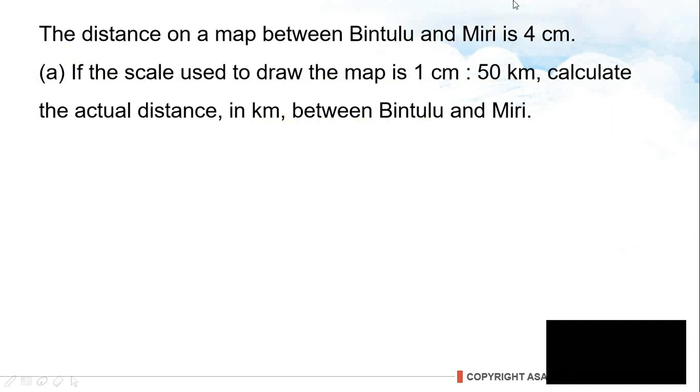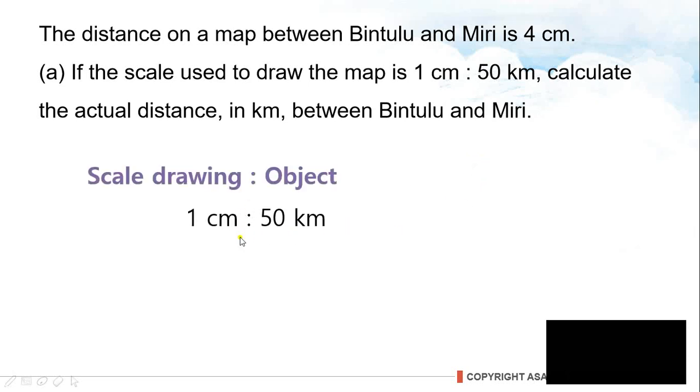First thing, you have to understand the question. The map uses this scale: 1 cm equals 50 kilometers. If on the map Bintulu to Miri is 4 cm, what is the actual distance in km?